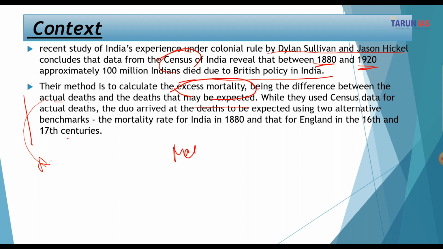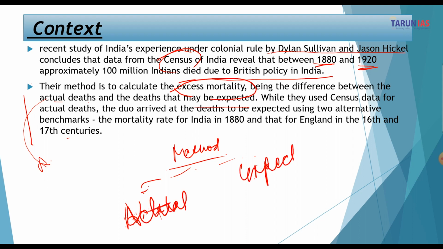They speak of two types of death: actual death and expected death. The actual death has been calculated by using census data, and the expected death has been calculated by using two alternative benchmarks.